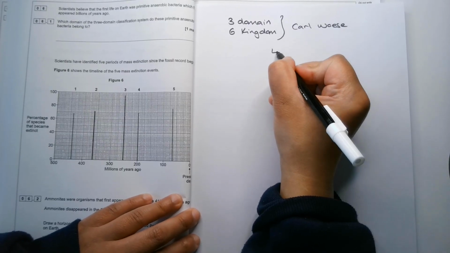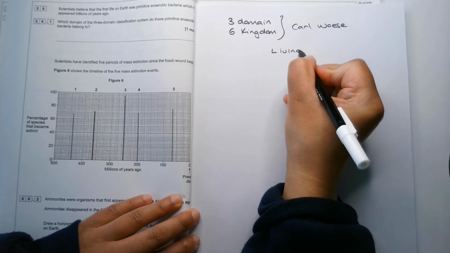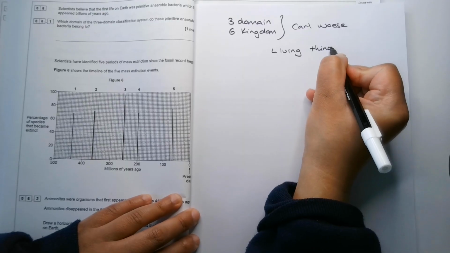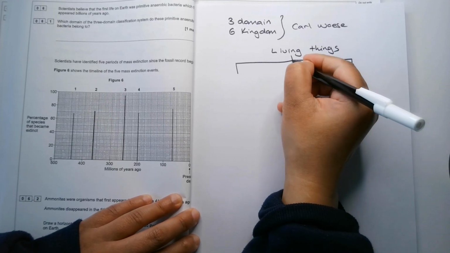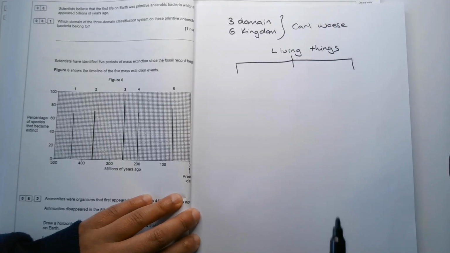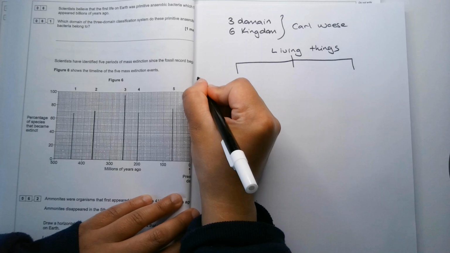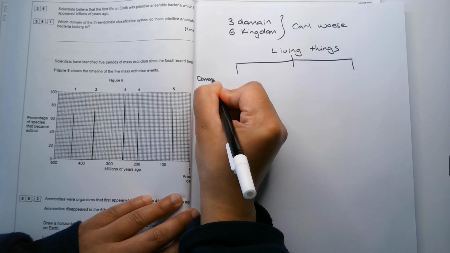Okay, so Carl Woese said that all living things can be classified into 3 big major groups, which he called the domains.